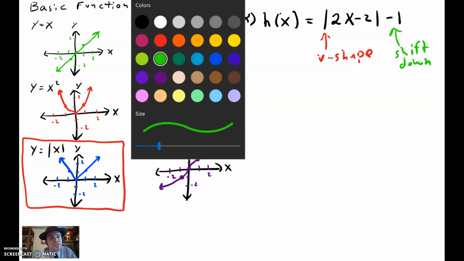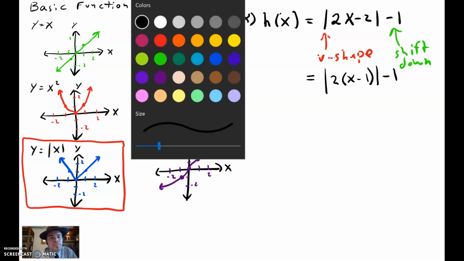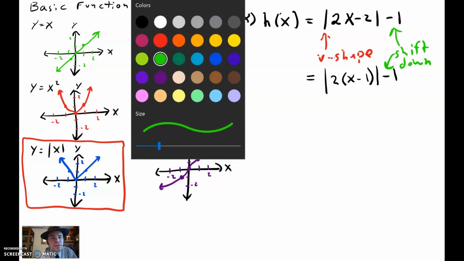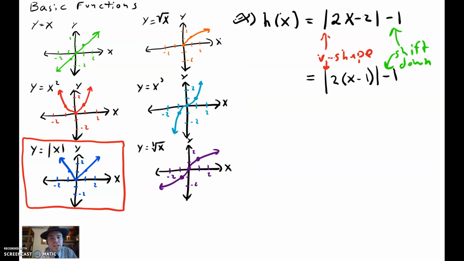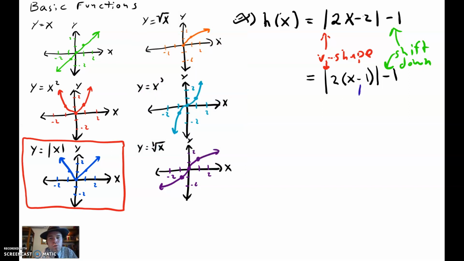And it's not telling us to shift right 2 because if I simplify this, if I factor this, this is absolute value 2 times x minus 1, minus 1. So that we're really being told, yeah, that's telling us to shift down. Yeah, that's telling us it's a V shape, but it's really telling us to shift right 1.